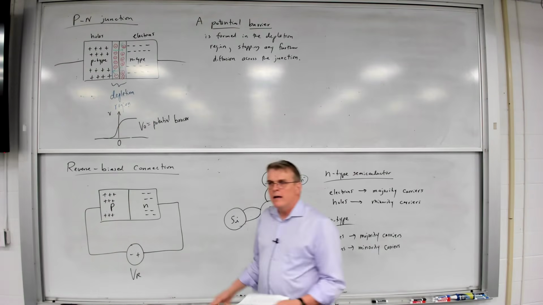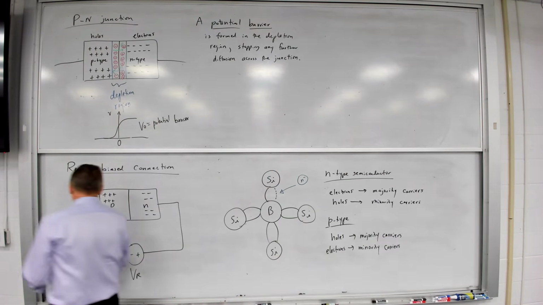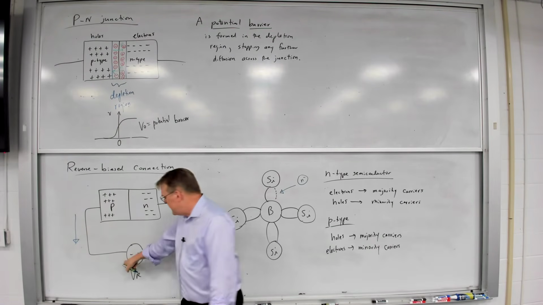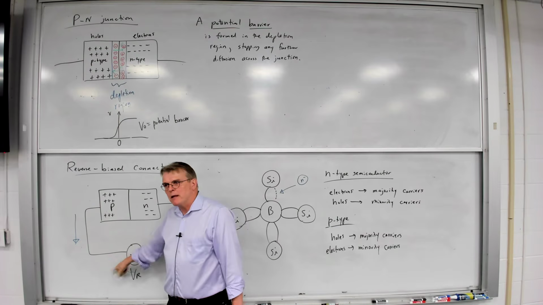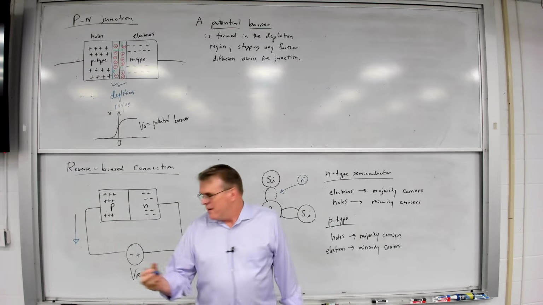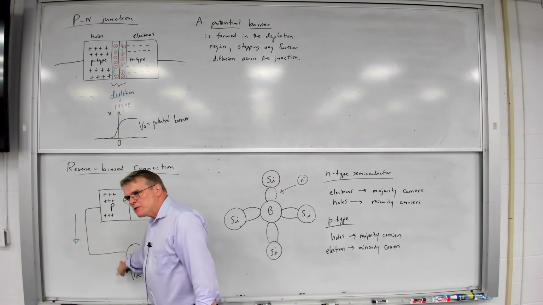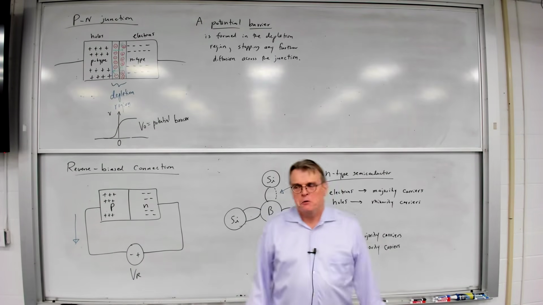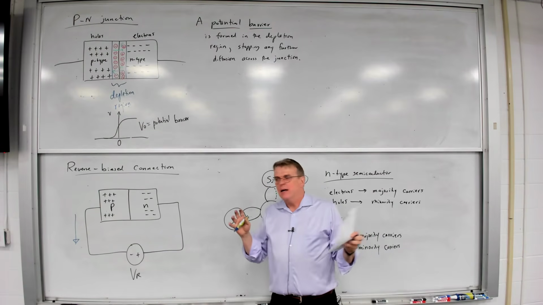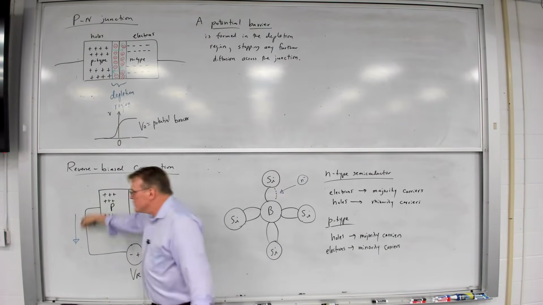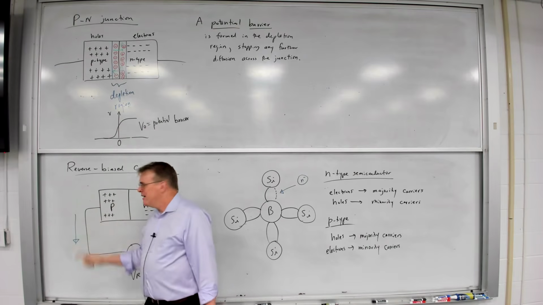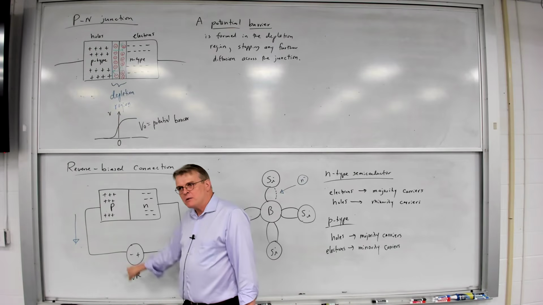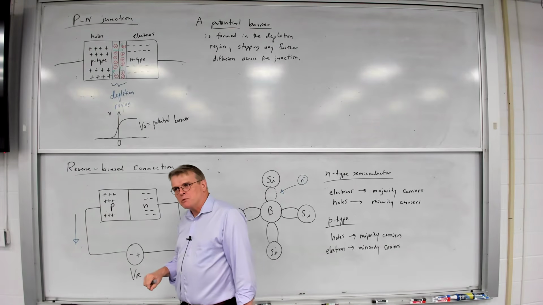I've got lots of holes here, and I'm connecting this to the negative part of the power supply. So this negative terminal of this voltage source is going to attract holes. We can think about it this way: holes are going to flow out of this p-type region and be attracted towards that negative terminal on that voltage source.